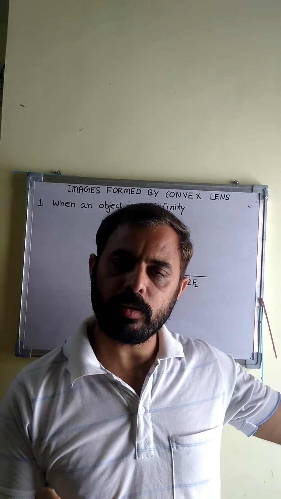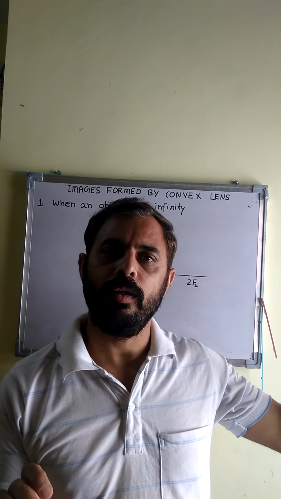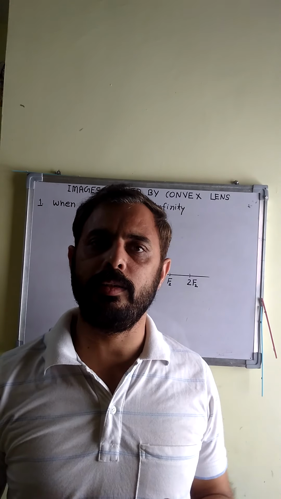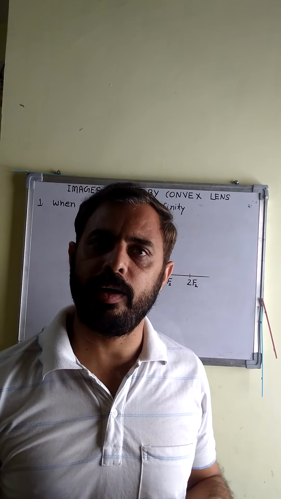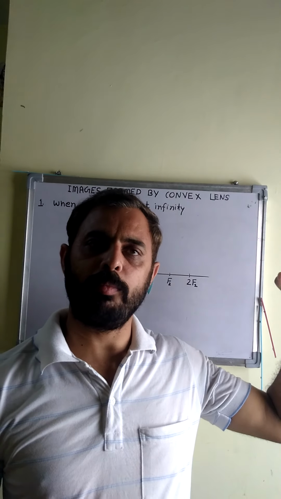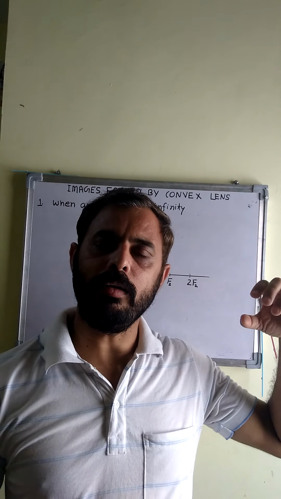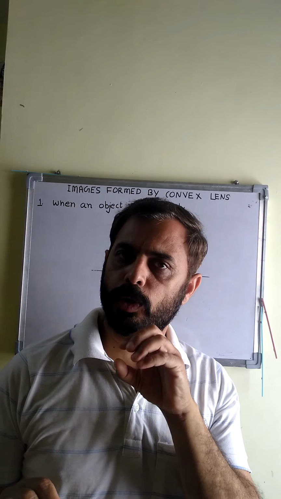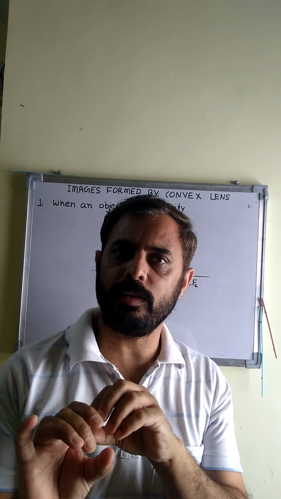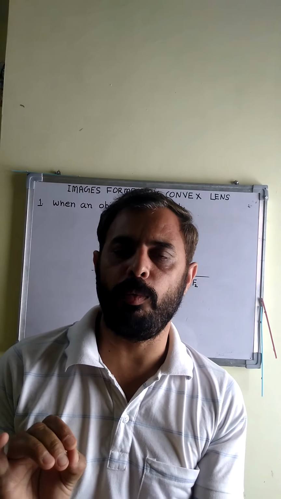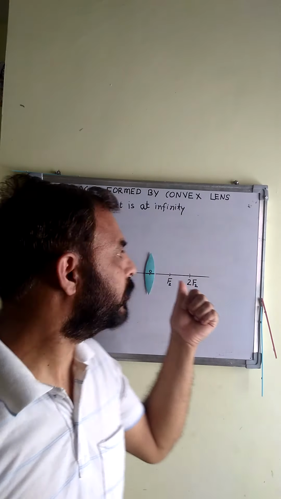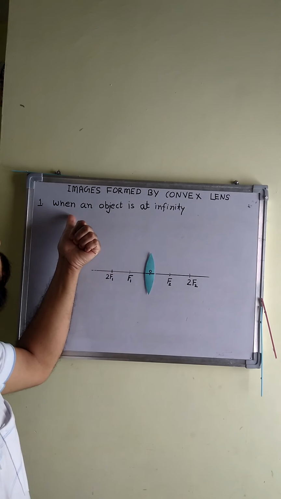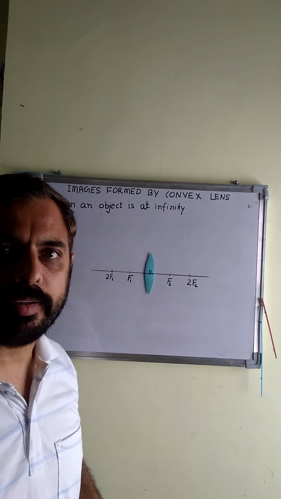So this distance can be considered as an object at infinite distance. When sun rays are coming from sun to earth and passing through this convex lens, the image of sun will be formed. That is our first subtopic, when object is at infinite distance.